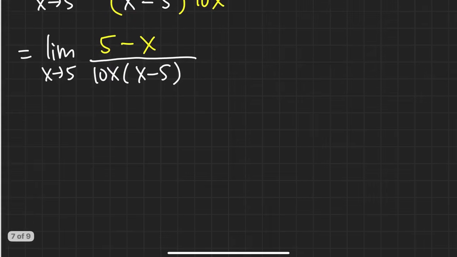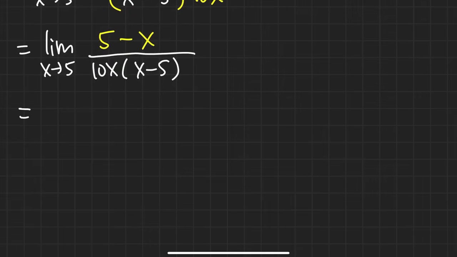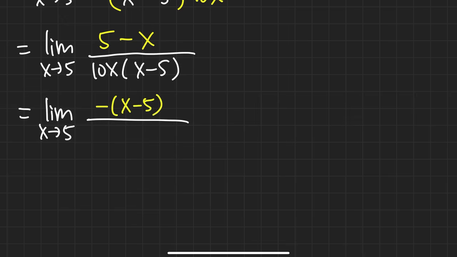Well, here we have 5 minus x on the top. Don't worry. We can do the same thing like what we did in the previous question. So here, factor out negative and then change the order of the subtraction. And then the bottom stays the same. Aha, we have x approaching 5. Here we see that x minus 5 is going to be cancelled, just like that.